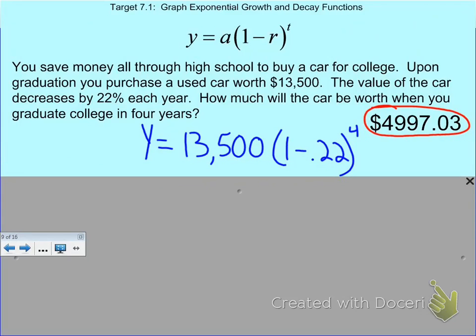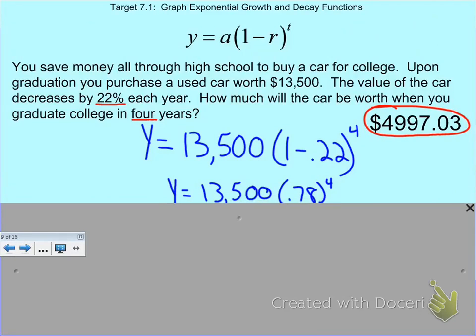We plug all of our numbers in, so we have 13,500 times 1 minus 0.22, because again, we have a 22% decrease. We want to move the decimal 2 places to the left to write that as a decimal. And then we want to graduate college in 4 years, so that's what our time is, t of 4.